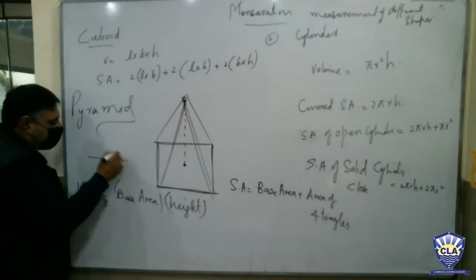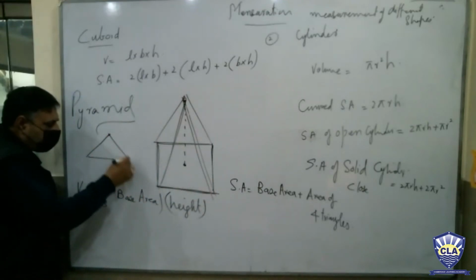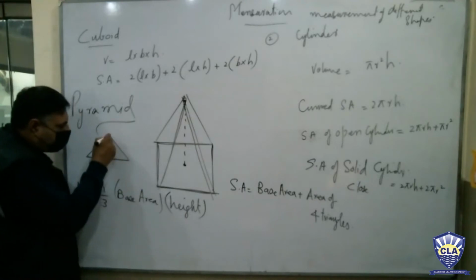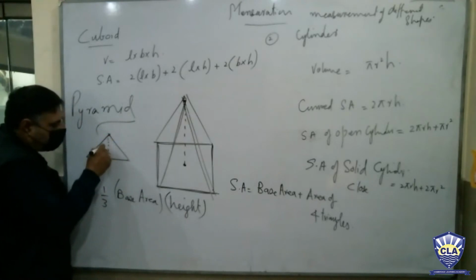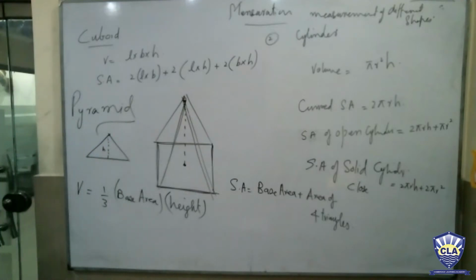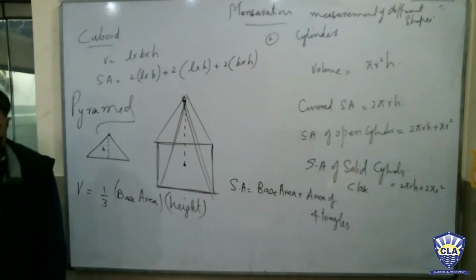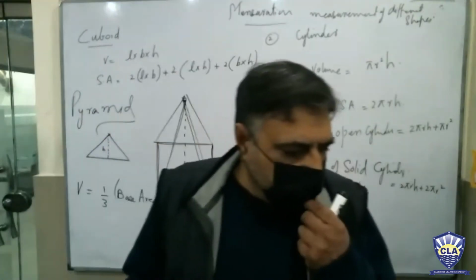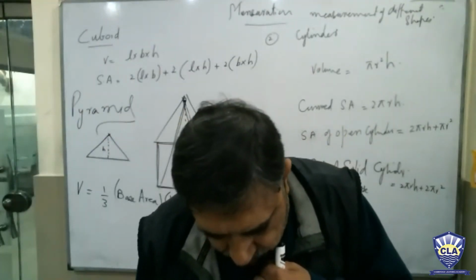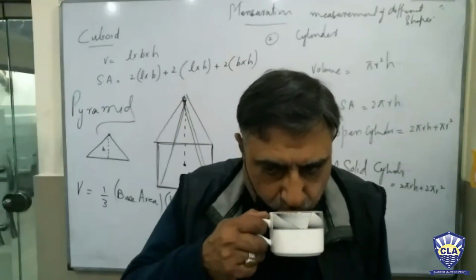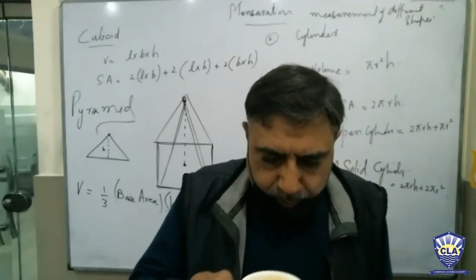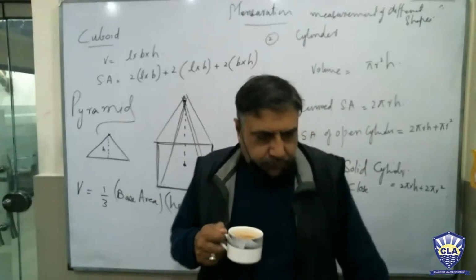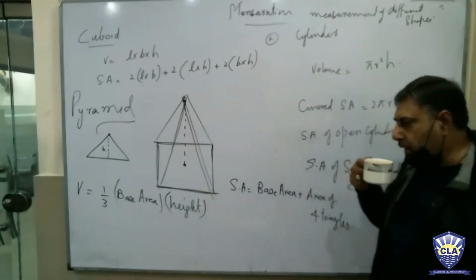If it is a triangle, the area of this triangle is 1/2 base into this height. Okay, sir? Base into height is the area of the triangle.